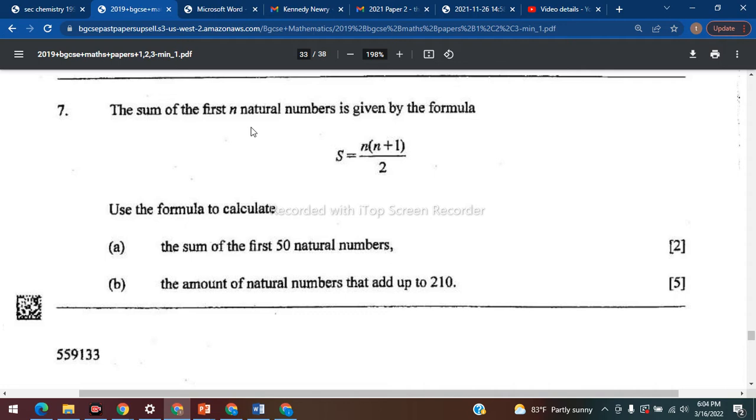Alright, so we began with this question. The question says, use the formula to calculate the first 50 natural numbers. Can anyone remember how we did that? How we used the formula to figure out the first 50 natural numbers?